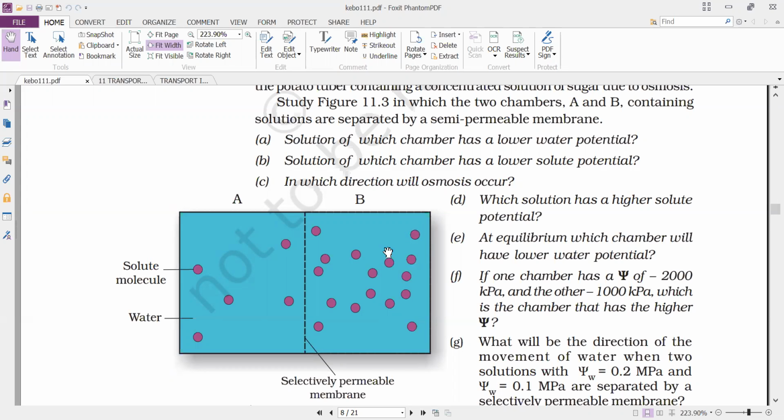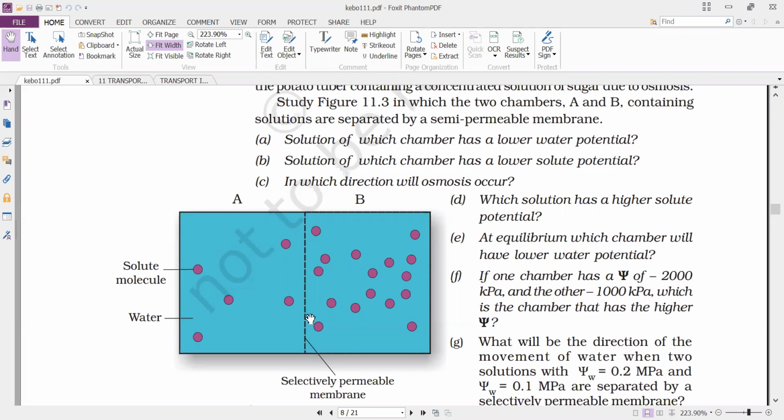So which chamber has more solute concentration, A or B? B chamber. So the more the solute concentration, the less the water potential.